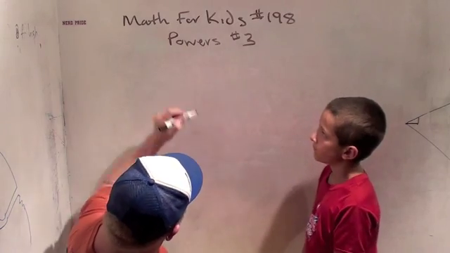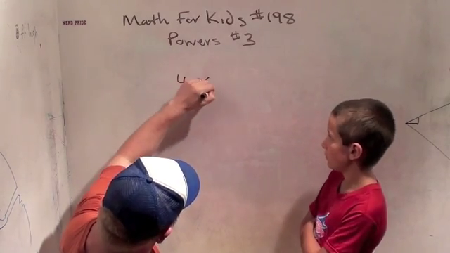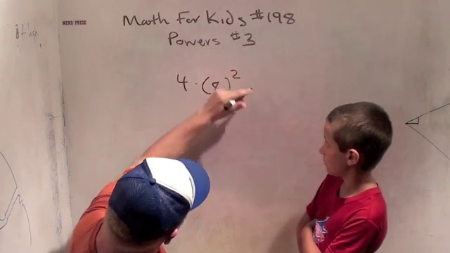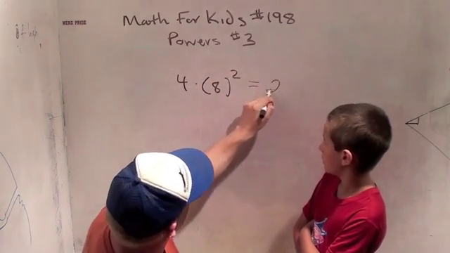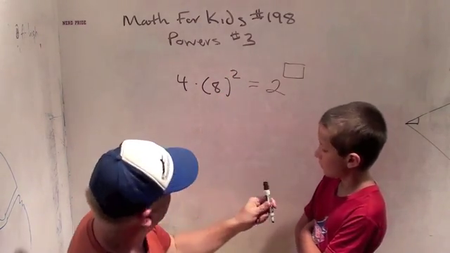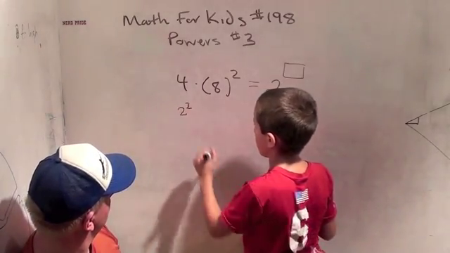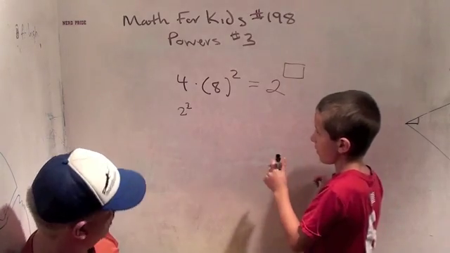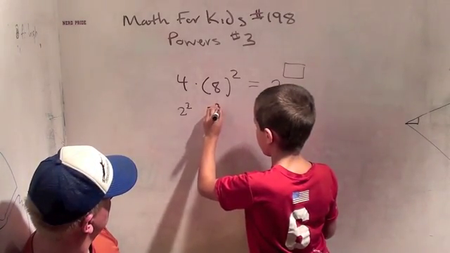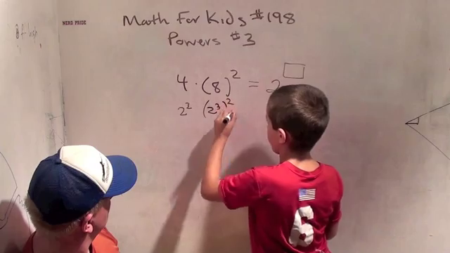Let's do 4 times 8 squared as 2 to some power. Well, 4 is 2 squared. 8 squared is 2 cubed squared.